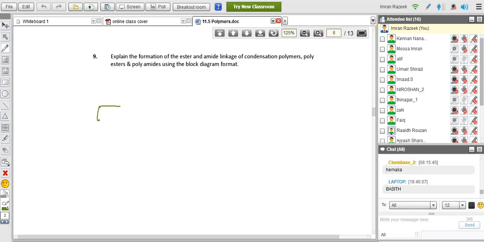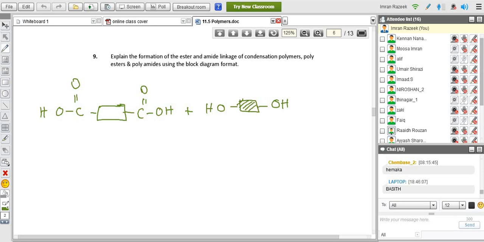We have studied esters in the previous session, where a dicarboxylic acid reacts with a diol. Now this is the carboxylic acid reacting with alcohol. I explained how the ester link is formed. This box represents a carbon-containing group, so it's a different group. That's why I'm going to color one box and keep the other box blank.